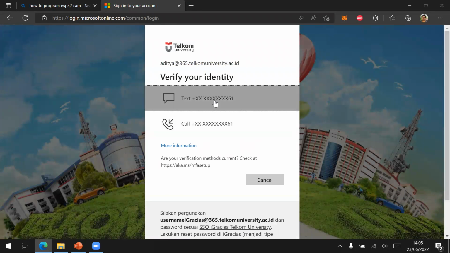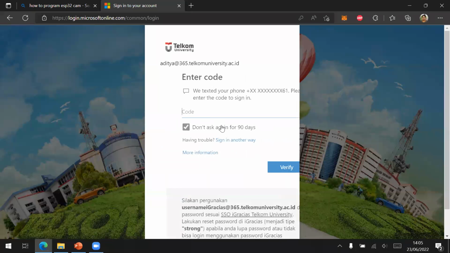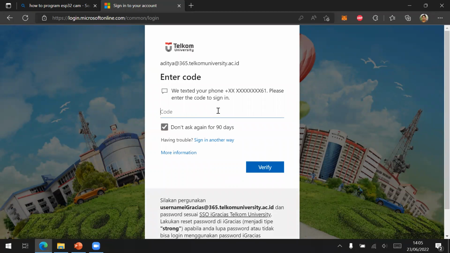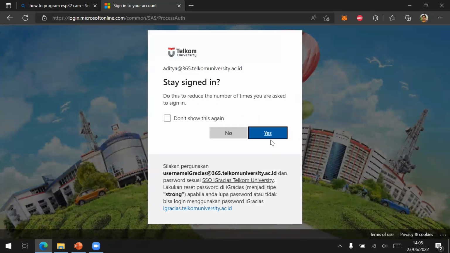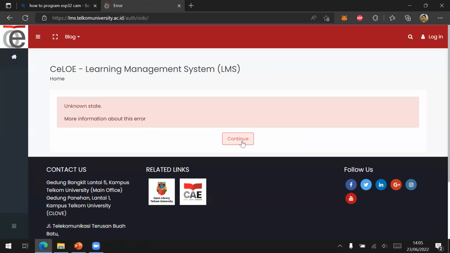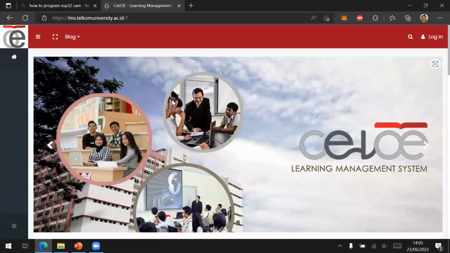Okay, come on. Need to do all this. Okay, secure is secure, but it's a little bit annoying.